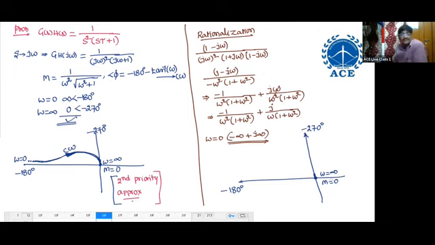Infinity, infinity means don't draw diagonally like this. It should start in the middle region like this. Here omega 0, parallel to minus 180, then moves towards minus 270 and then ends at 0. Like this. That's all. This is the exact plot.